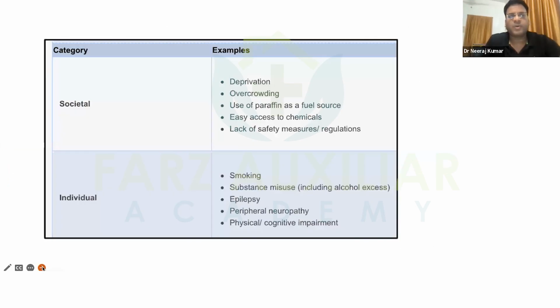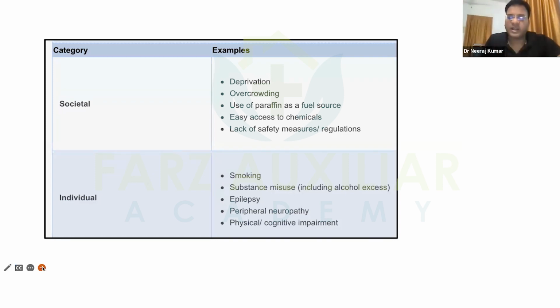Now, coming to the next part, how these are categorized. They have been further categorized as societal or individual. If you look at society, examples may be deprivation because of overcrowding, the use of paraffin as a fuel source in most societies, very easy access to chemicals, as well as lack of safety measures, guidelines or regulations leading to these burns.